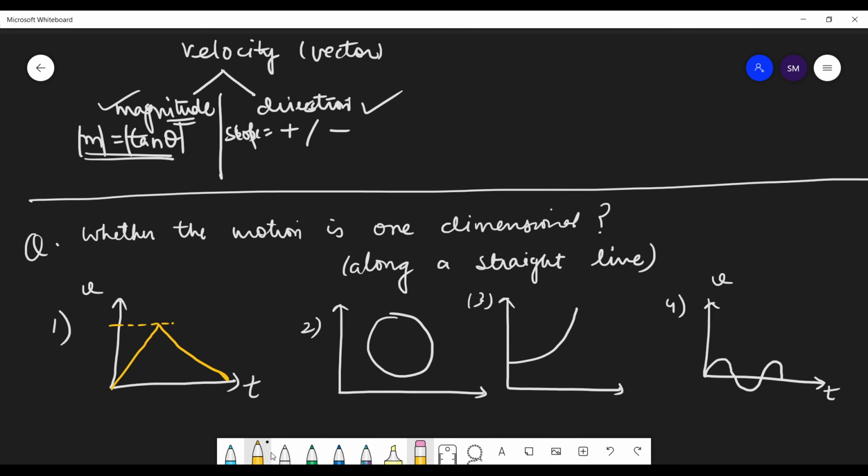Option 1. Okay. What do others think? Option 1. Okay.